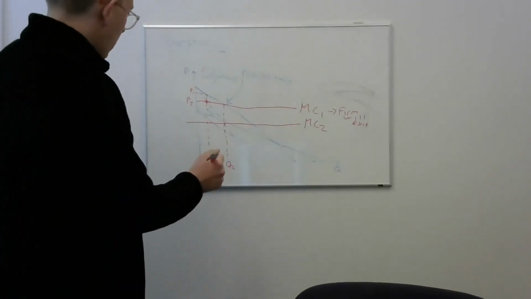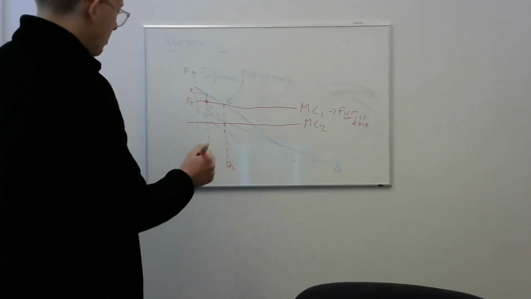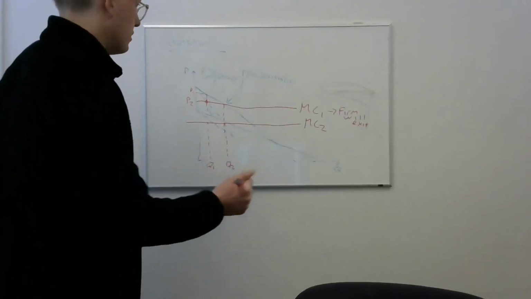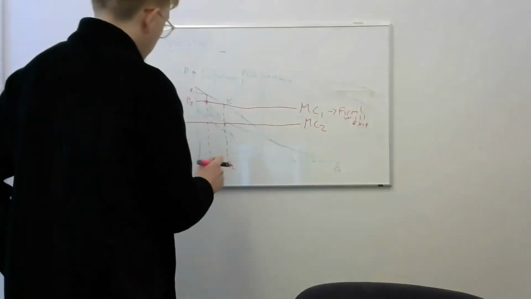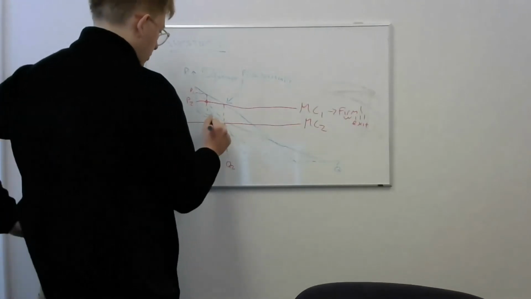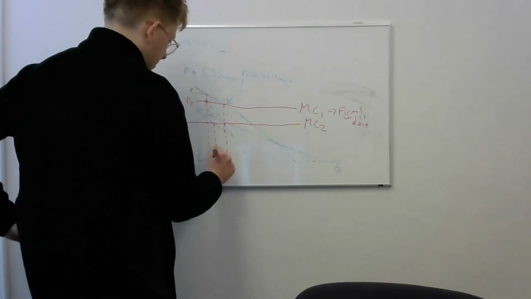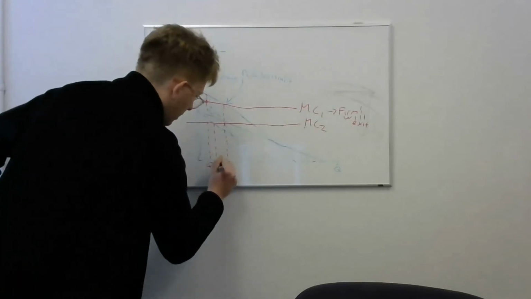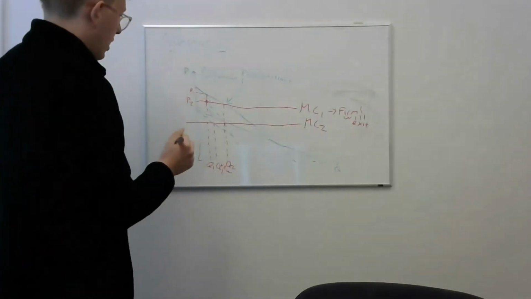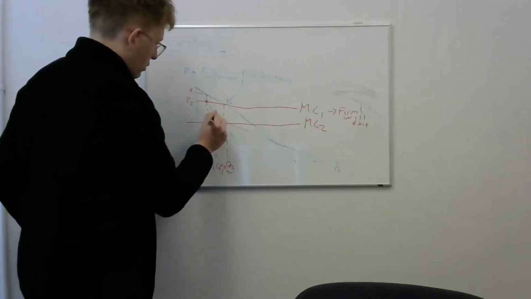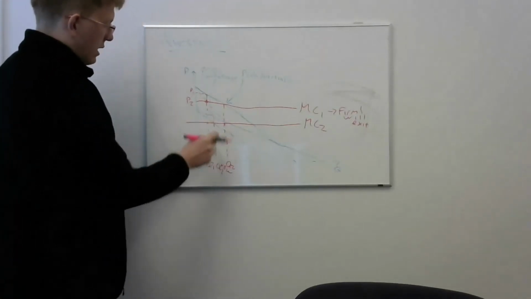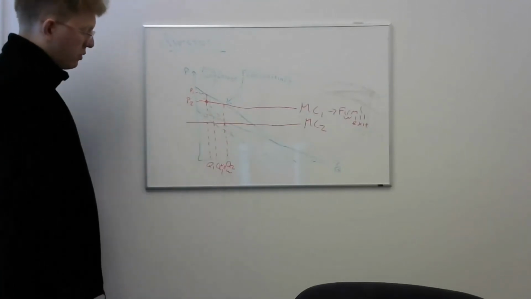Okay, and so now we want to ask what's going to be the new amount of production that firm 2 is going to produce. Again, we're just going to look at its intersection of marginal cost with the new marginal revenue line. That's going to be this reduced Q2 new. Again, it's going to sell at a price given by the price that the market will bear at a production of Q2.